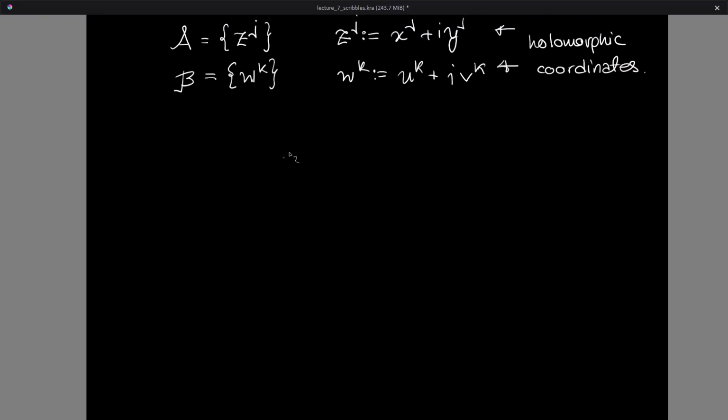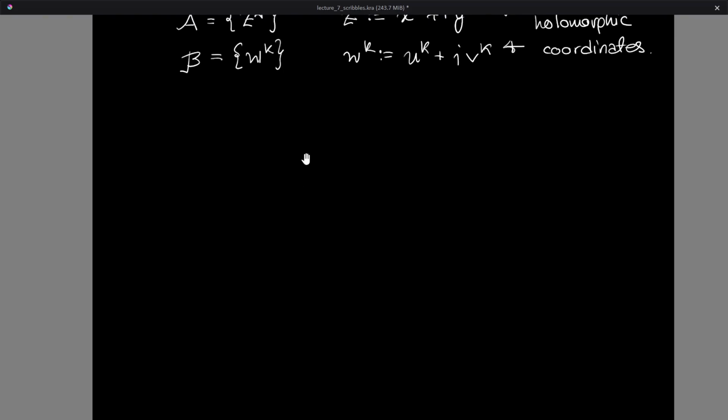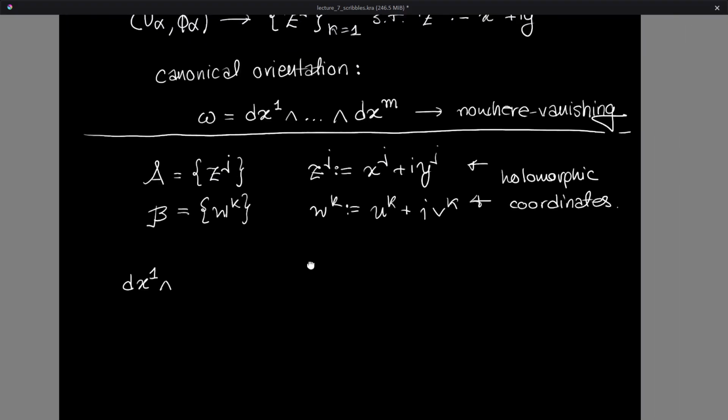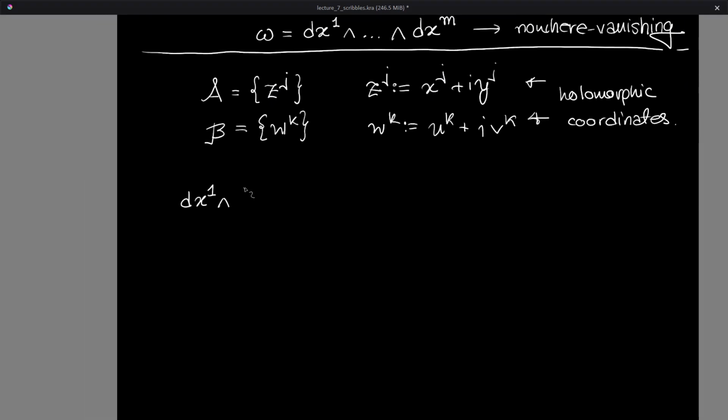So in order to show that they have the same orientation, we need to solve for this equation: dx_1 wedge dot dot dot wedge dx_m, so we're decomposing it into the real form, dy_1 wedge dot dot dot wedge dy_m.